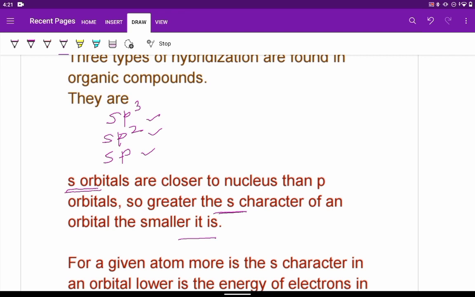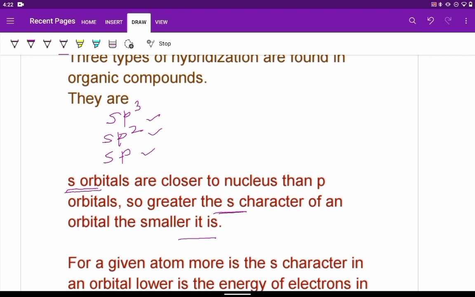This is reasonable to expect. Okay, the decreasing order of size of the hybrid orbitals is actually opposite, sp3 greater than sp2 greater than sp. It is just opposite to that of the decreasing percentage of s character.